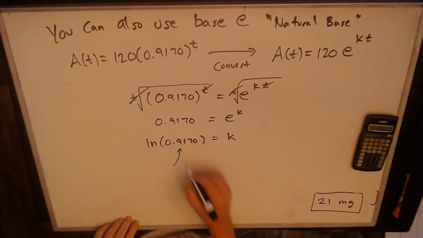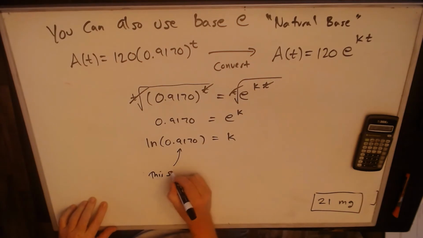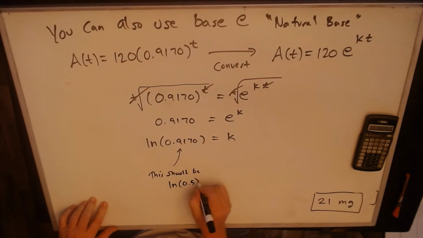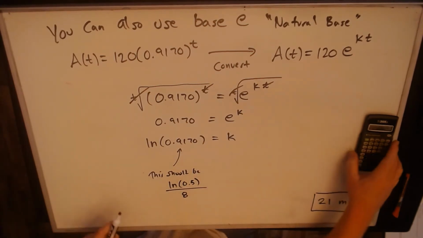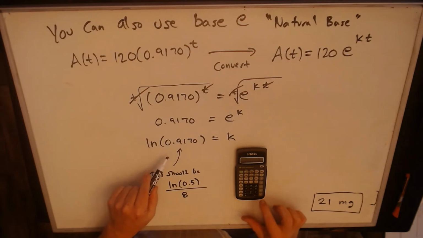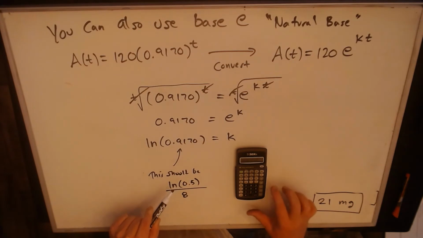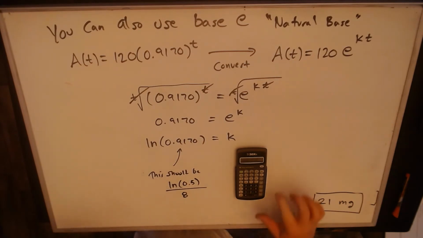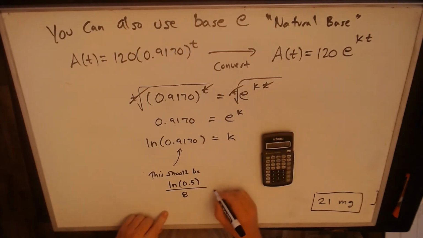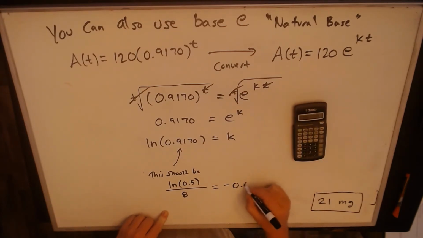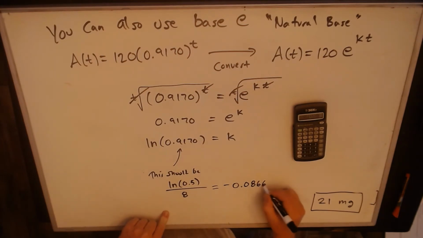Interesting note, this should be ln of 0.5 divided by 8. Let's just compare that that is true, because you might want a general recipe. So ln 0.5 divided by 8 is negative 0.08664.